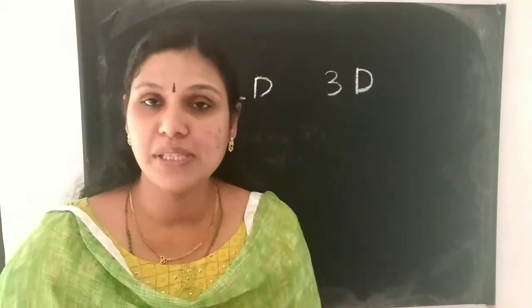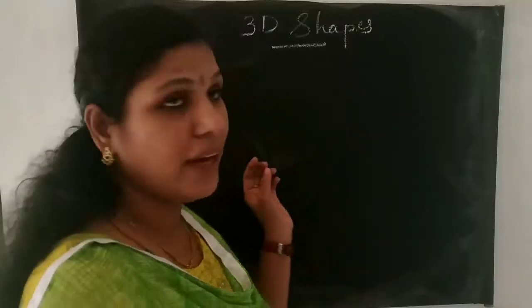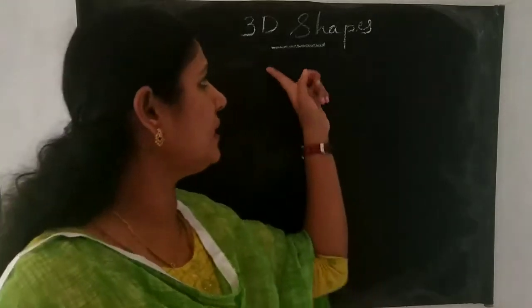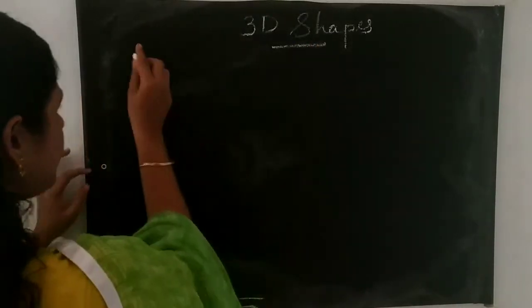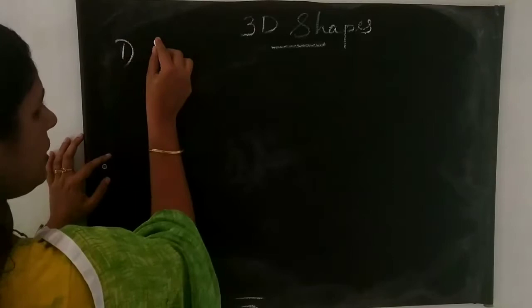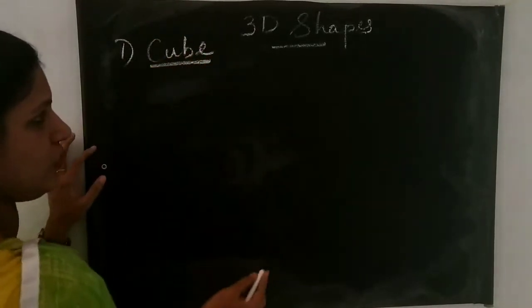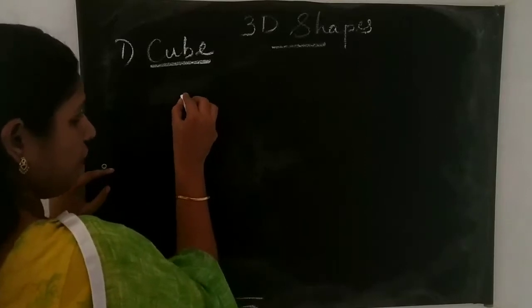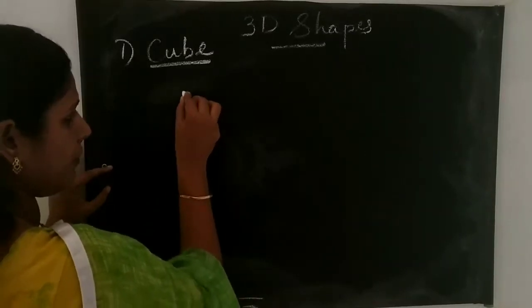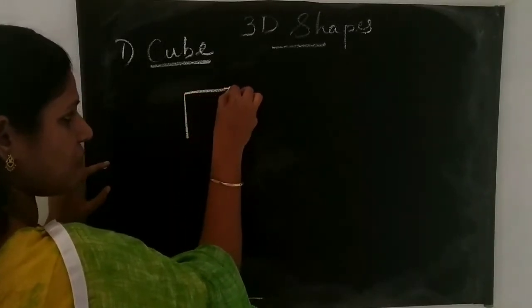Now we are going to study about some 3D shapes. The first 3D shape is cube. For how to draw this, first you draw a square.